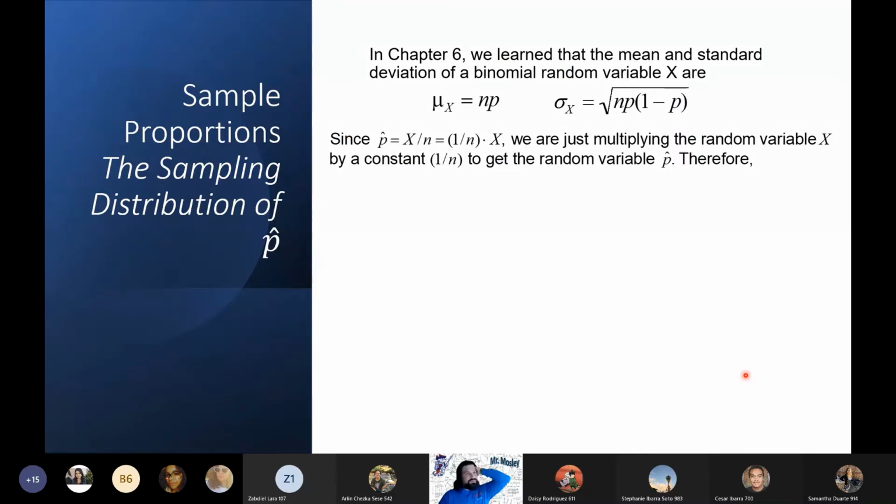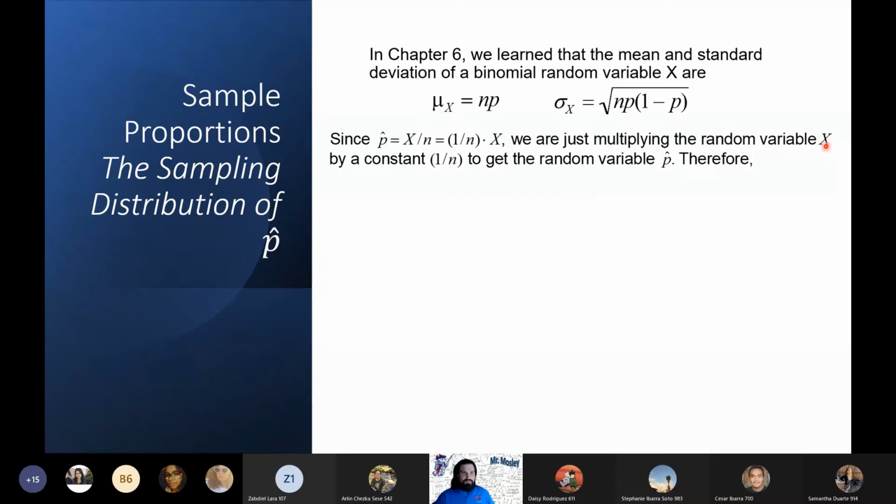In chapter 6, we learned that the mean and standard deviation of a binomial random variable x are these two formulas. The mean of the random variable x is n times p. The standard deviation of x is the square root of n times p times 1 minus p. Since p-hat is successes divided by sample size, we get 1 over n times x.